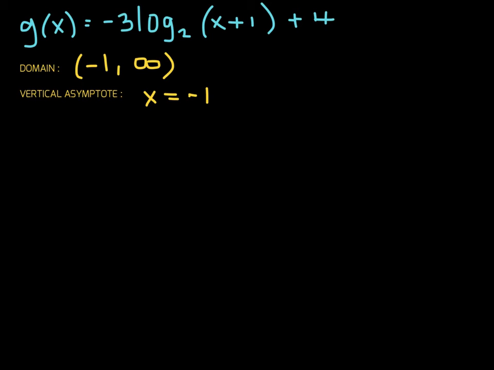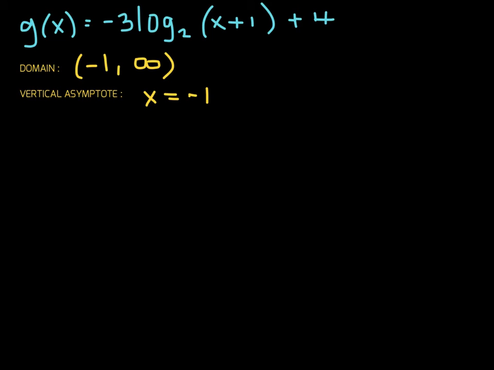Just like before, let's be smart about what we plug in for x. Notice that if we plug in the number 1, 1 plus 1 is 2, and 2 is a power of 2. So let's plug in 1 for x.